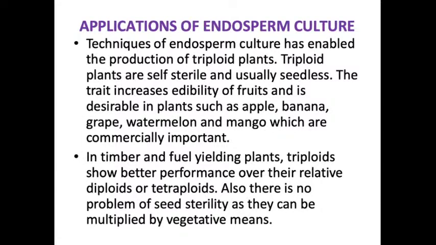And these are the various applications of endosperm culture. Techniques of endosperm culture have enabled the production of triploid plants. Triploid plants are self-sterile and usually seedless, so their trait is quite desirable in plants such as apple, banana, watermelon.